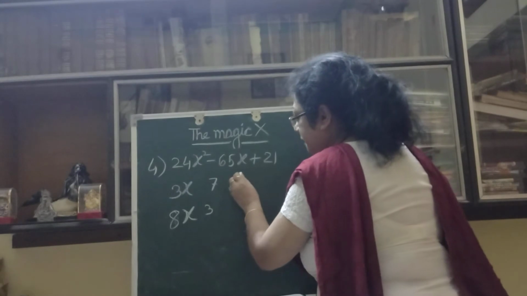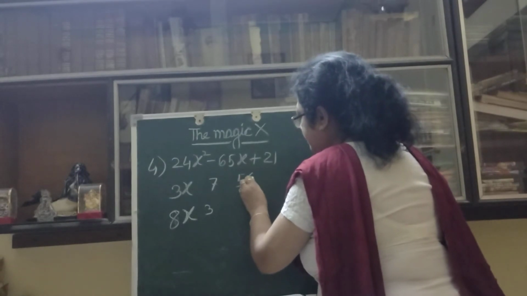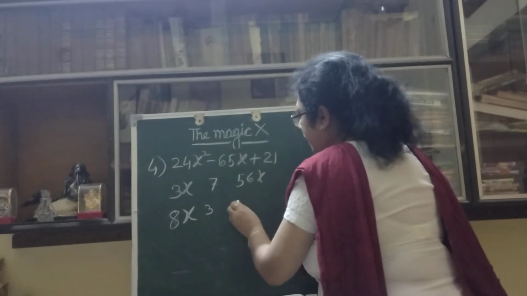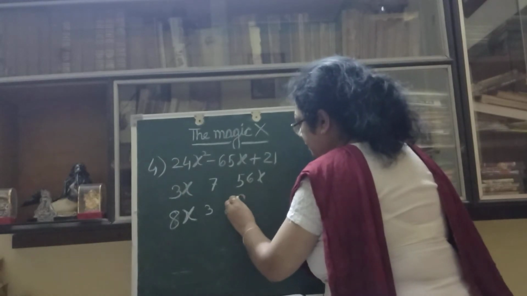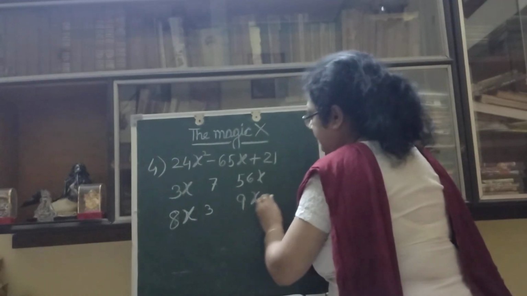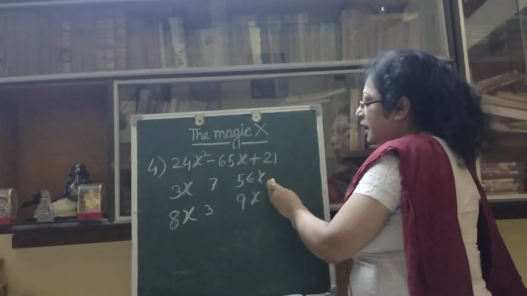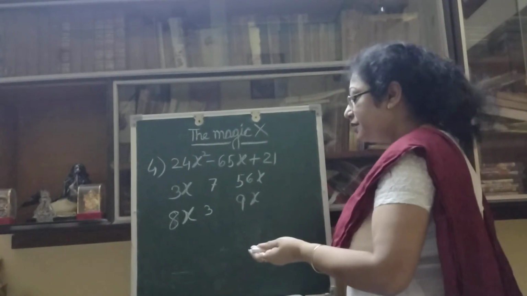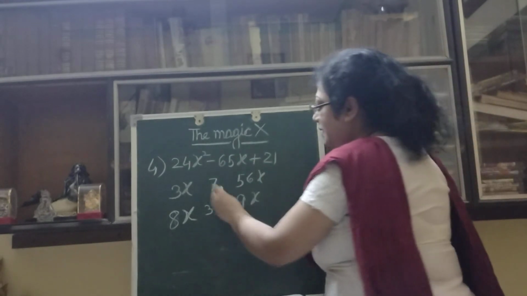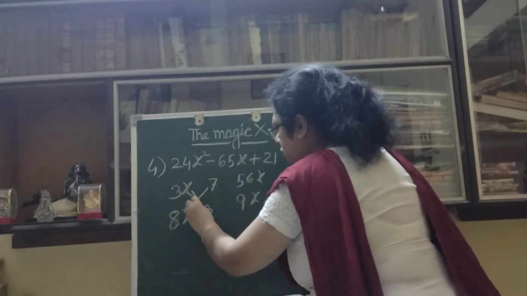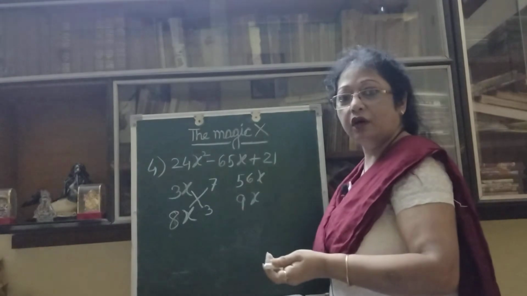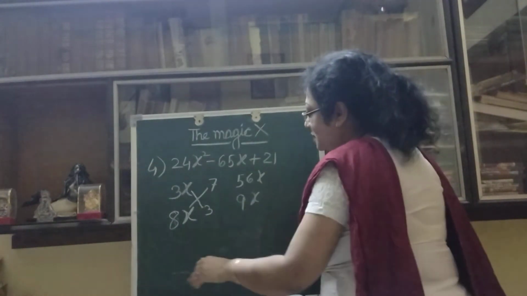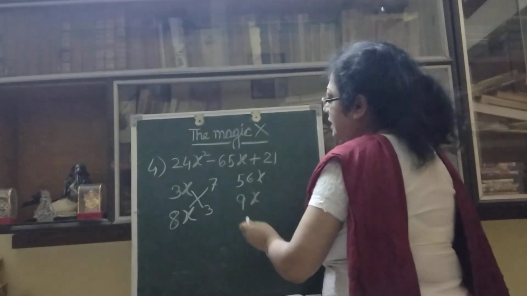Now you see, 7 8s are 56x and 3 3s are 9x. So what we will get? 56 plus 9 is what? 65. Minus sign is there, so we give the magic cross. I forgot to give it earlier.